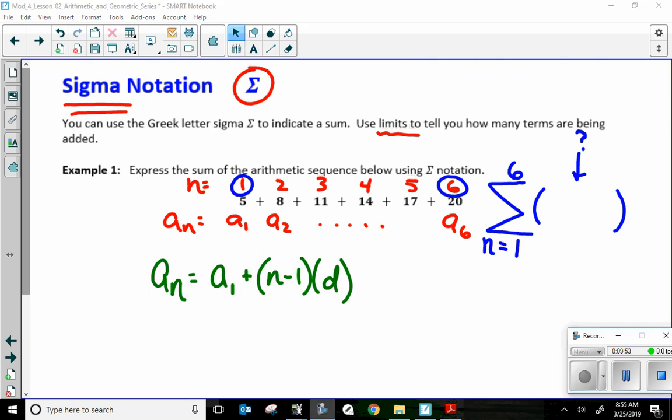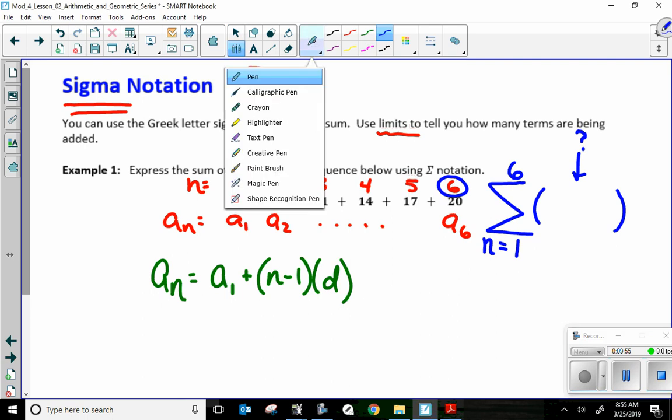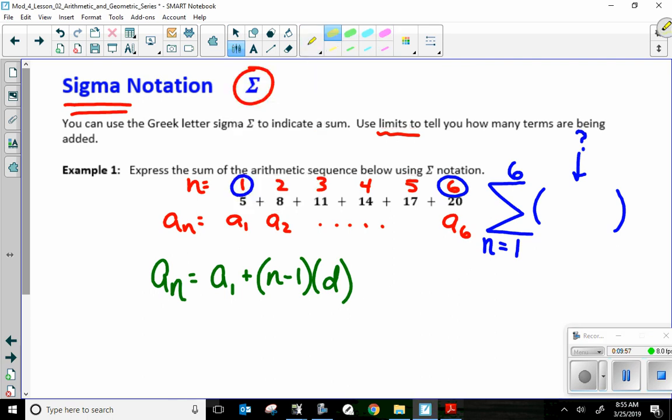Let's recall that a sub 1 is my first term, which happens to be 5. Okay? I always leave this n minus 1. N is the variable I'm using. So do you remember what d is? D is my common difference.